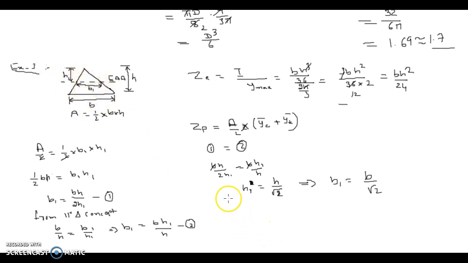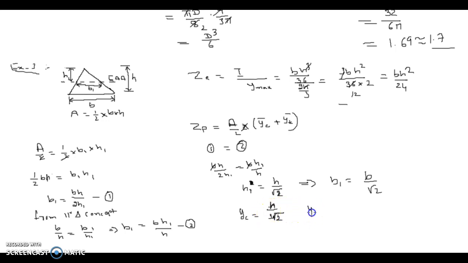So now here I need YC. Now YC is simple. Why? Because YC is going to be at H1 by 3 from the base. So therefore it is H by 3 root 2. Okay, this is H by 3 root 2, YC.